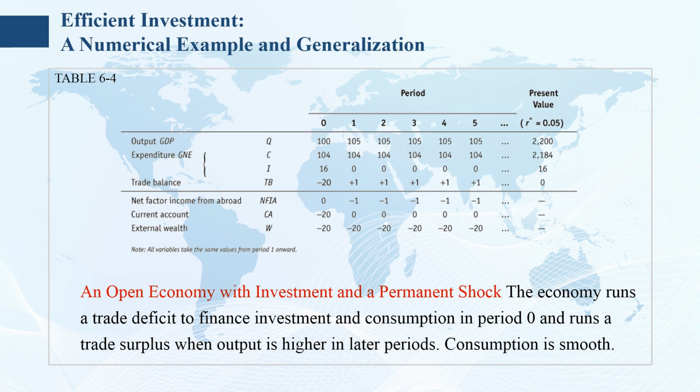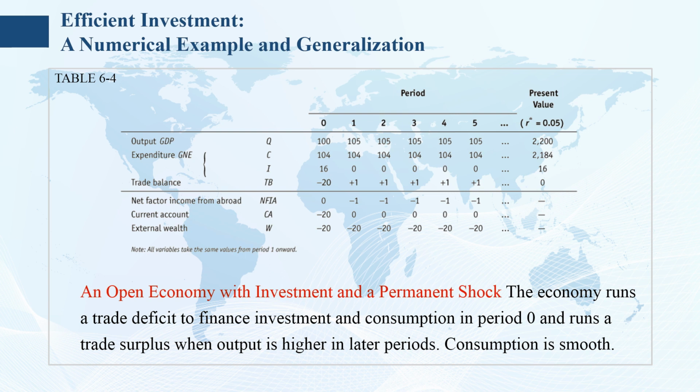because the present value of C has risen by 4% from 2,100 to 2,184. The country can afford to raise consumption C in all periods by 4%, from 100 to 104, as a constant.